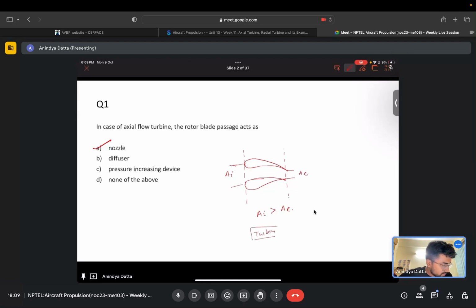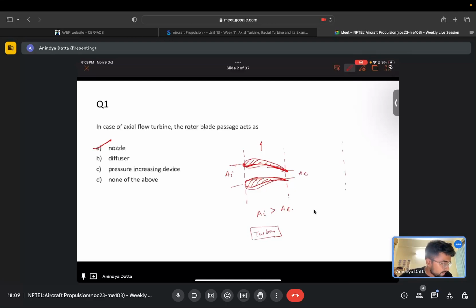So the flow area decreases as the flow goes through this rotor blade passage. So I say the rotor blade passage for the turbine acts as a nozzle.